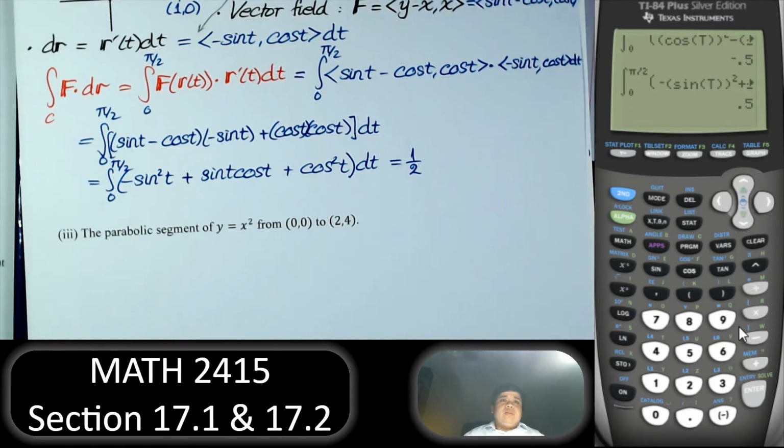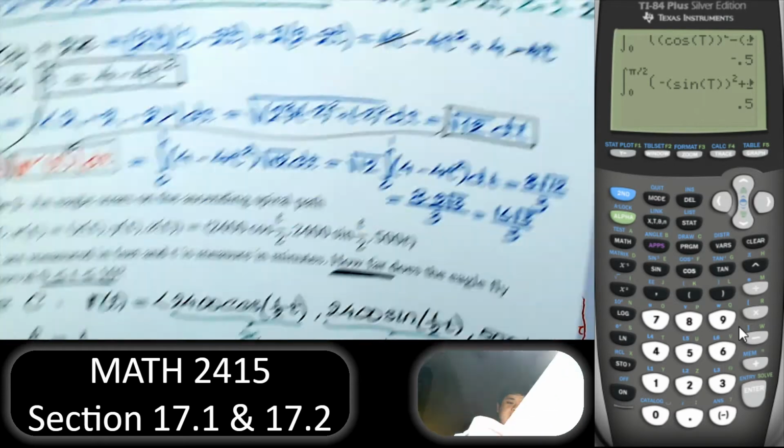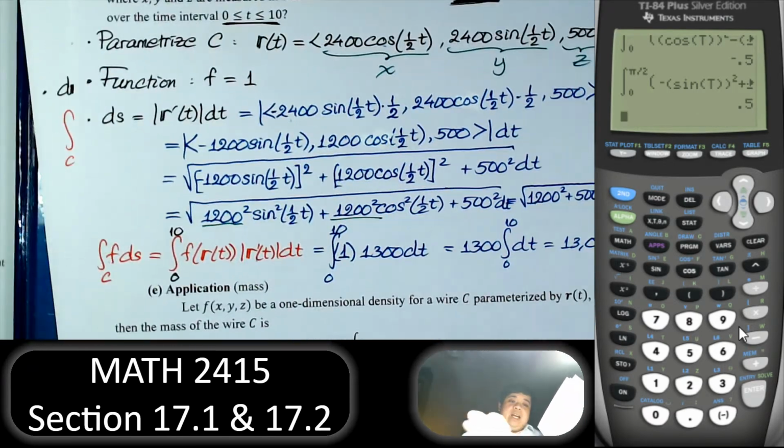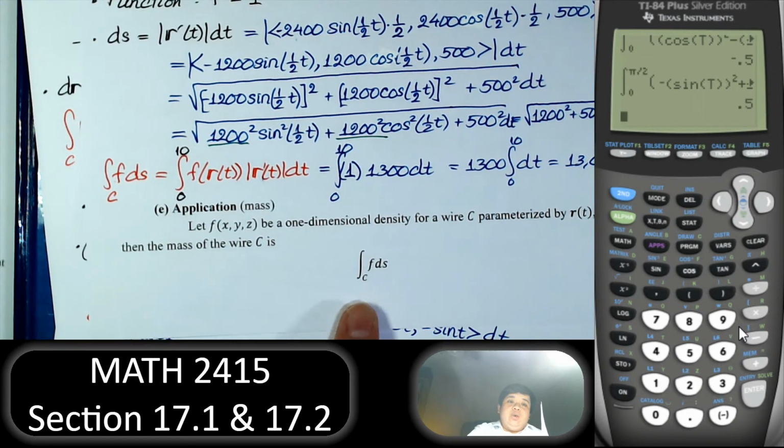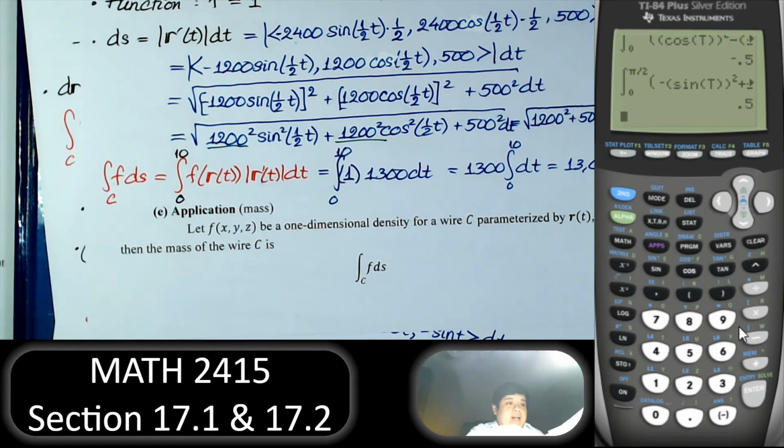Whereas compared to the previous example, if we're going to do the mass, this is the scalar version of it. Let's say we have this part, and assume that it's just one dimension. The mass doesn't matter if we go from here to there or from there to here. It doesn't matter what the direction is. The mass of an object is unchanged.